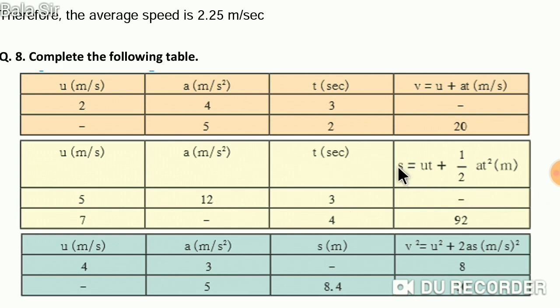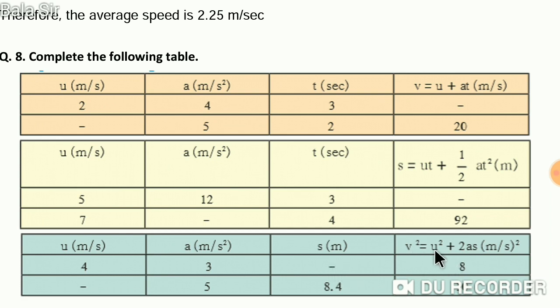But here S we want to find using the formula UT plus half AT square. Fourth sum, U is given as 7, A we want to find, T is 4 and S is given as 92. Fifth sum, U is given as 4 meter per second, A is given as 3 meter per second square, S we want to find.